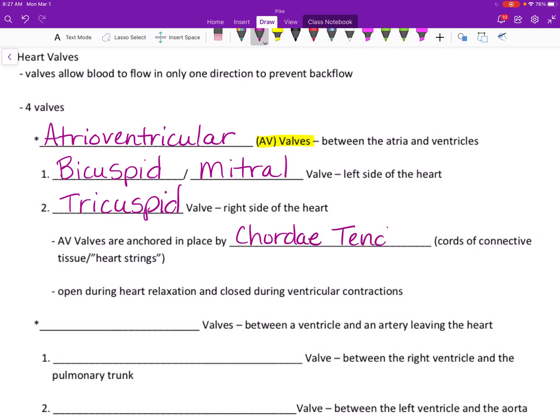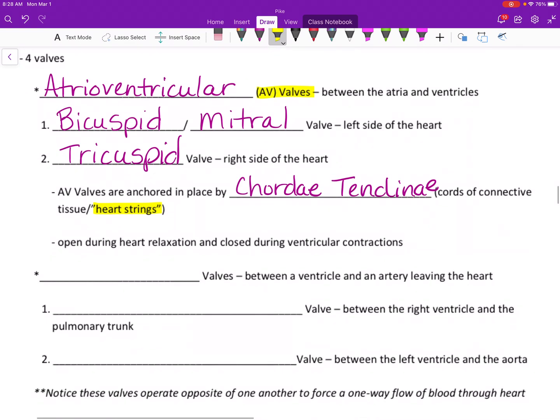Very Latin. Chordae tendineae are cords of connective tissue that hold on the AV valves, and they're actually called our heartstrings. So if you ever heard that phrase, "you're tugging on my heartstrings," you actually have heartstrings. You probably heard that phrase and you're like, what are they talking about? They're actually saying chordae tendineae, okay? And so I'll show you what those are in a minute.